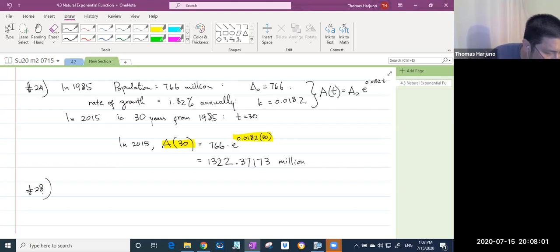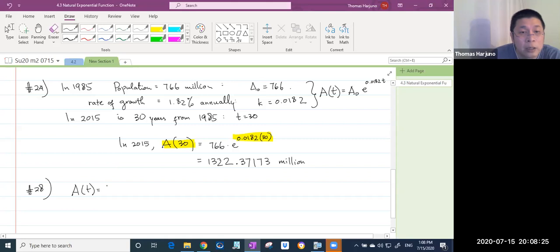and because of the decay, the number of units of the tracer present is given by this formula. The amount of tracer isotope is A of t equals A sub 0 e to the negative 0.0249 t.